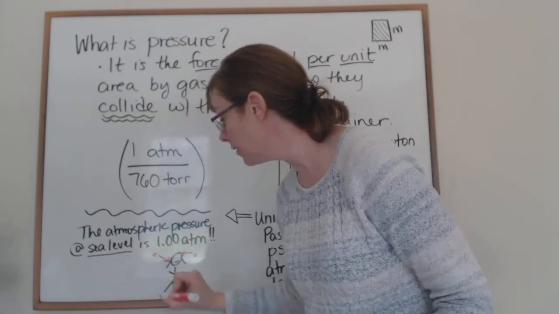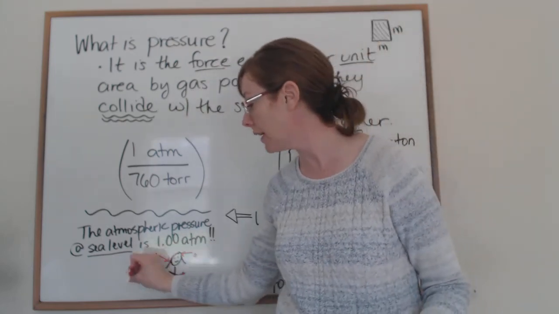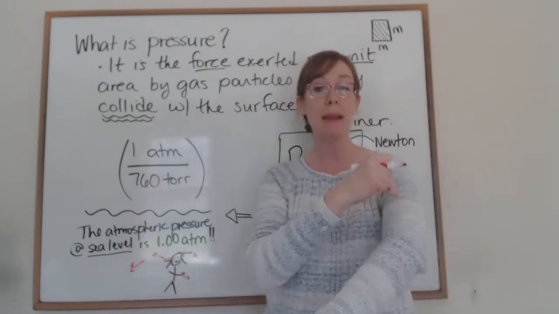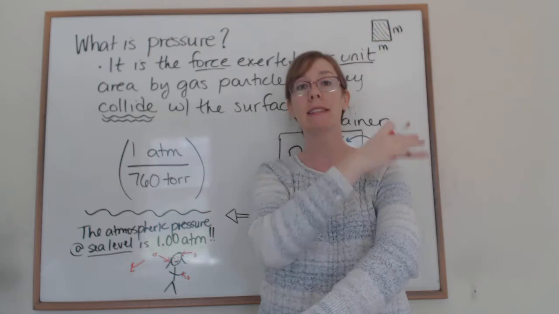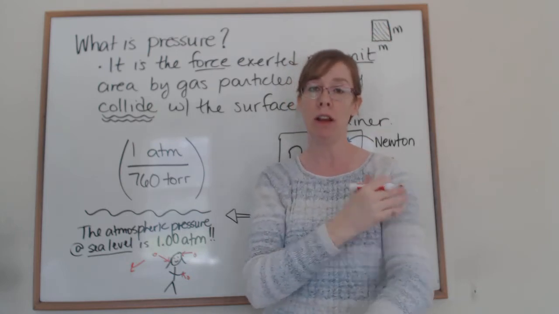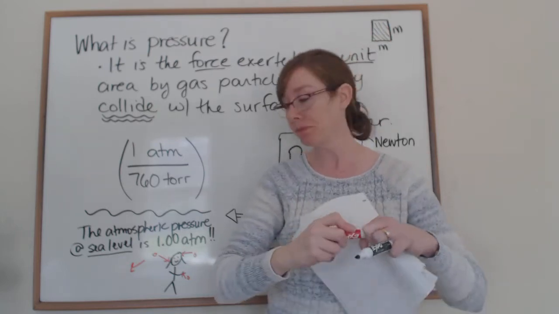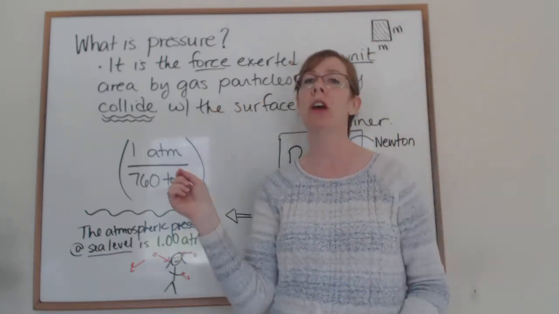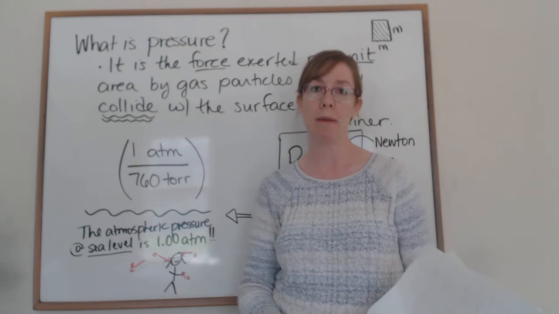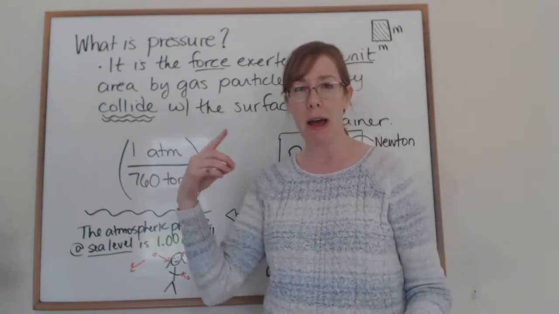I'm essentially part of their container. I mean, they're hitting everything else as well in the room, but they're also hitting me. And the pressure that I am feeling as part of this gaseous container is 1 atmosphere at sea level. So sometimes you'll have a question where it talks about the atmospheric pressure at sea level. You're supposed to kind of know that that's 1 atmosphere, kind of by heart.